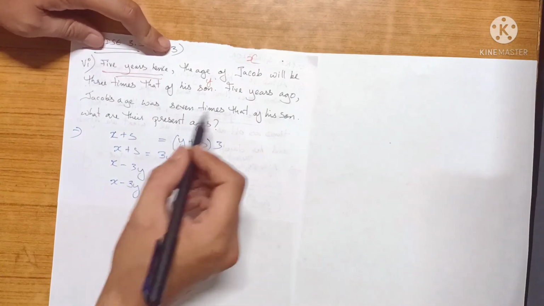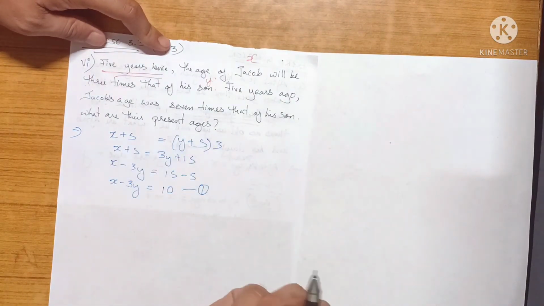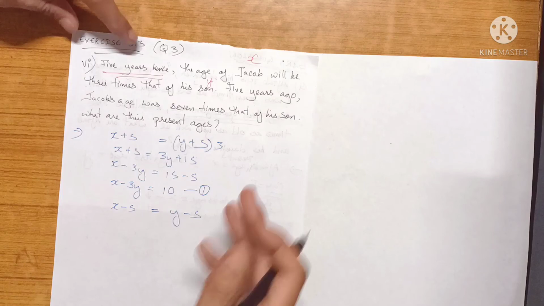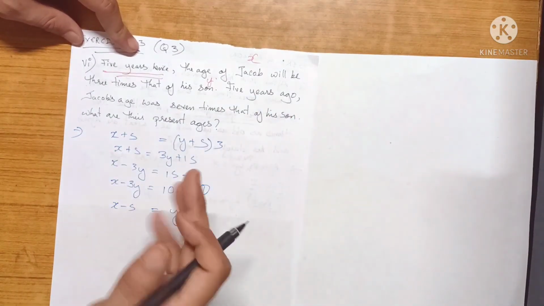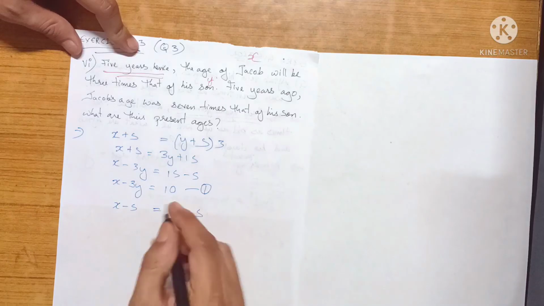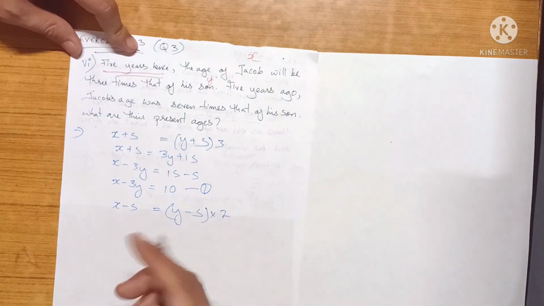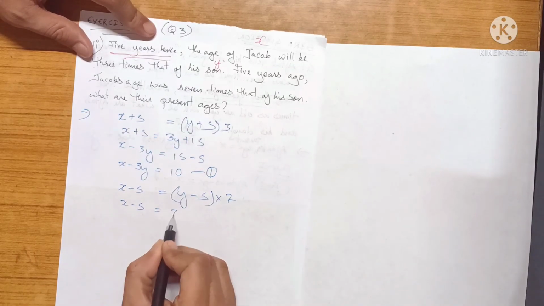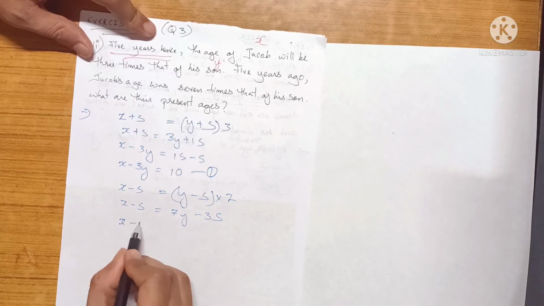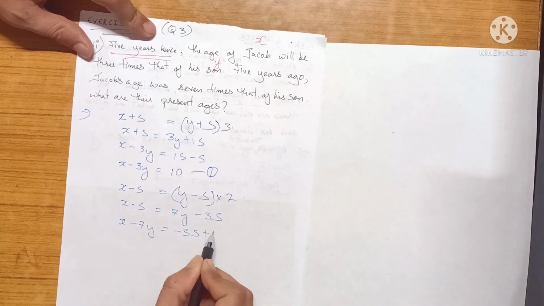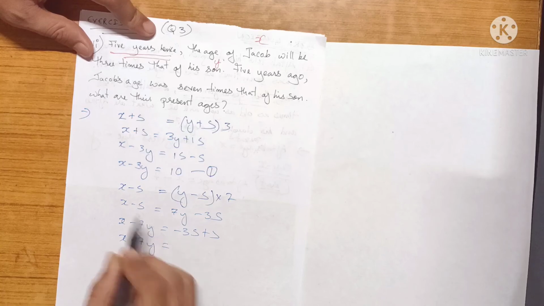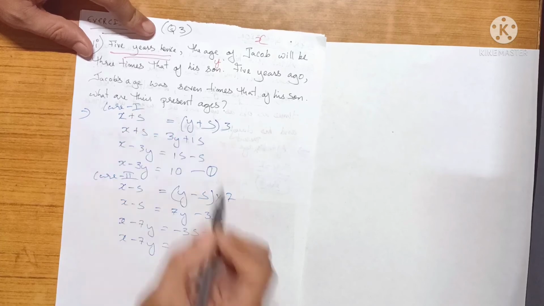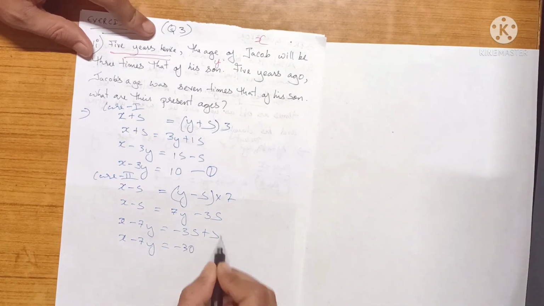Okay, equation 1. Next, 5 years ago, so that's about the past tense, so x minus 5 equal to y minus 5. Obviously both are going to be younger by 5 years, was 7 times. So 7 times we have to put on the son's age. So x minus 5 equal to 7y minus 35, x minus 7y equal to minus 35 plus 5, x minus 7y equal to minus 30.